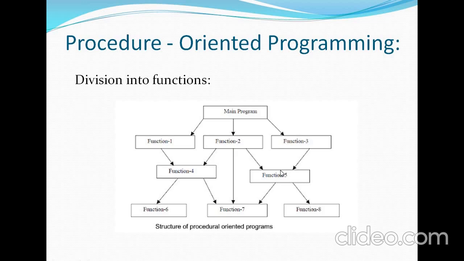If you have a big program, that program can be divided into a number of small pieces called subroutines or functions. When a program is small, it takes low memory. When memory is less, performance is increased. This is the advantage of dividing the program into a number of pieces called functions.